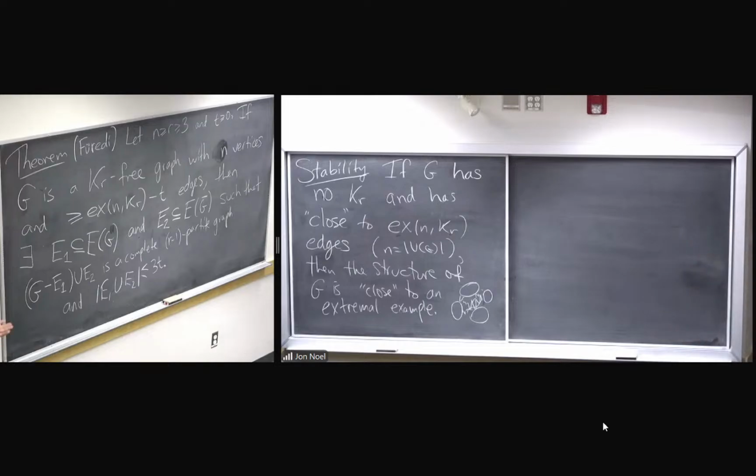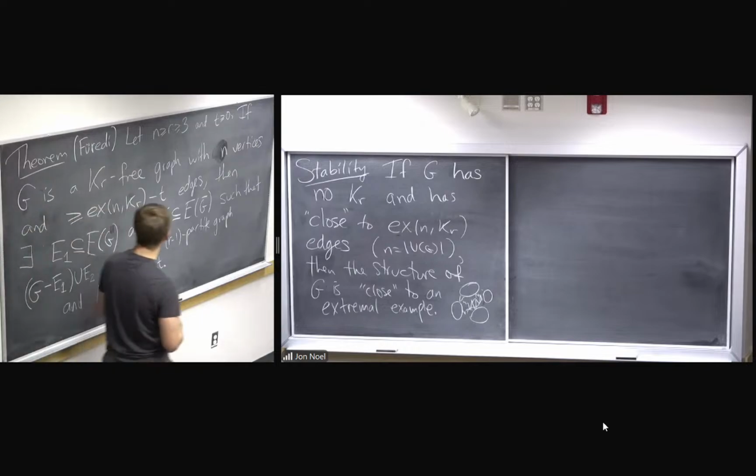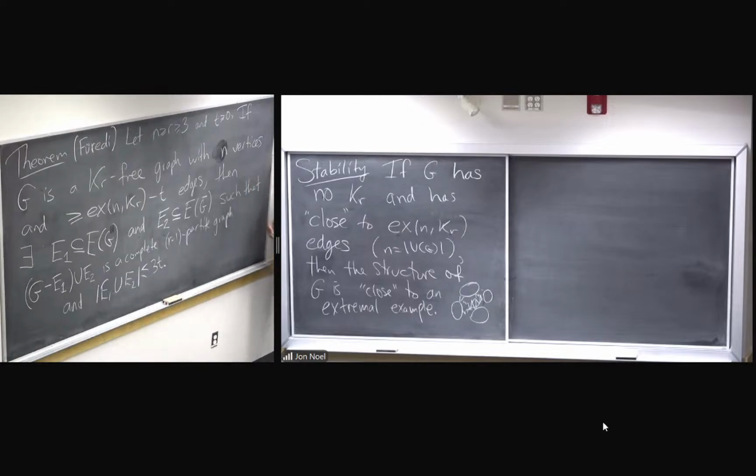So in some sense, this is not really showing that we're close to the extremal example, but you can build on this theorem and get that, under certain conditions, you're close to the one where they're all the same size. But we're just going to get to some (r-1)-partite graph, and we won't have any guarantee on what the part sizes are. That's a good question.